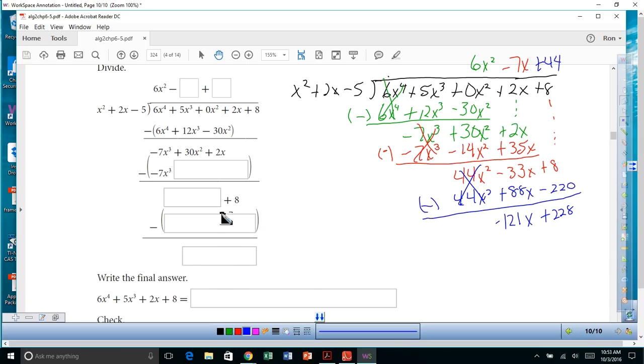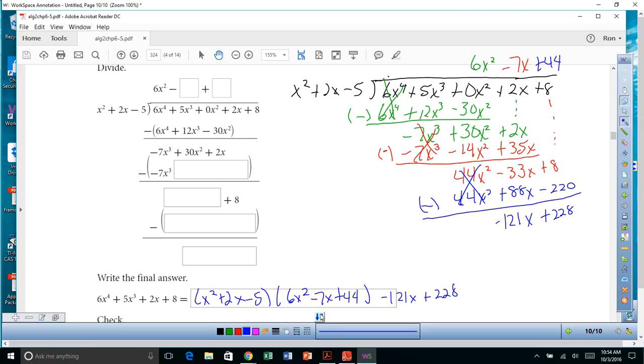So our final answer is 6x to the fourth plus 5x cubed plus 2x plus 8 equals x squared plus 2x minus 5, our divisor, times 6x squared minus 7x plus 44, and then plus our remainder here of minus 121x plus 228.